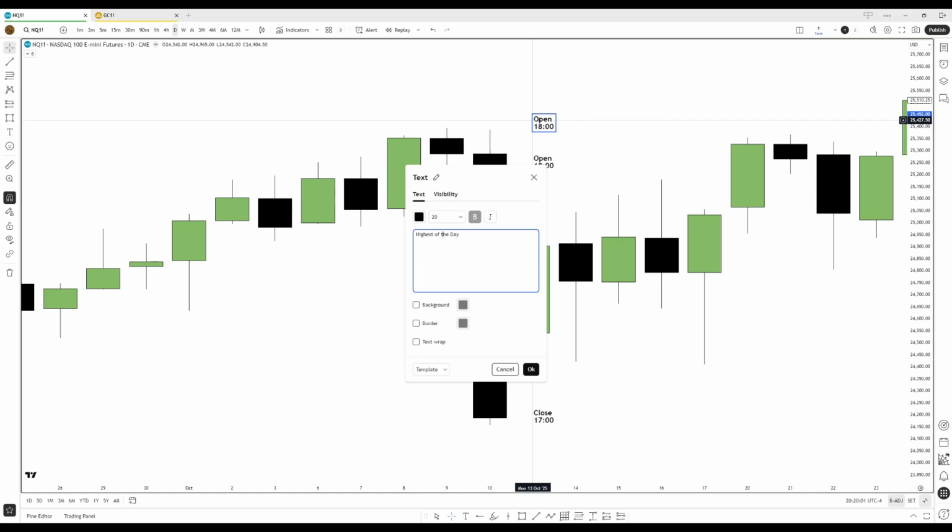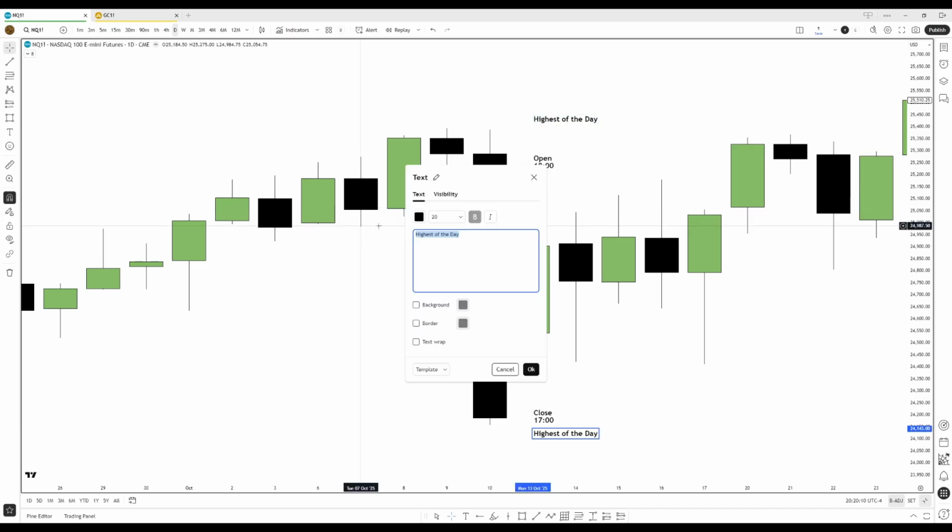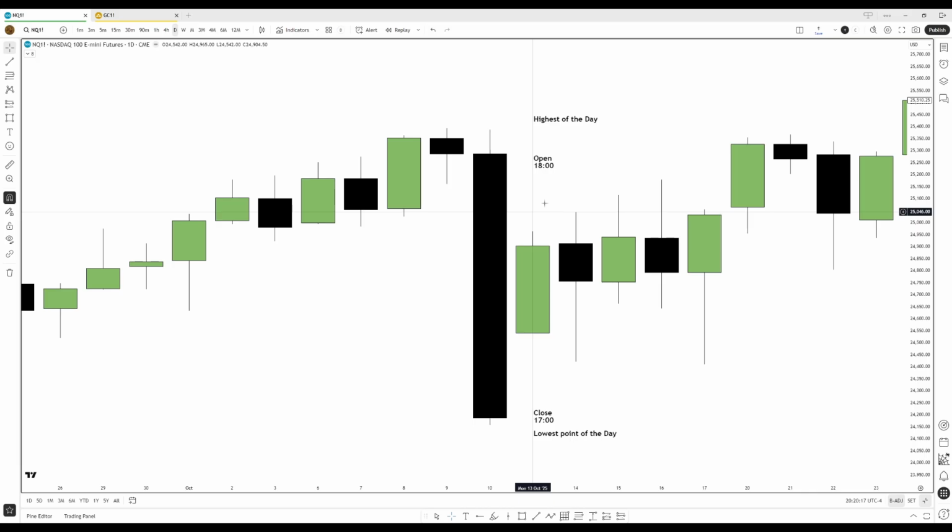Yep, exactly. And this one over here? Lowest point of the day. So these are the four data points of a candlestick, right?